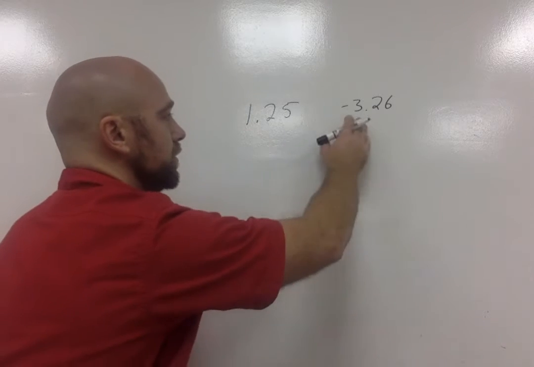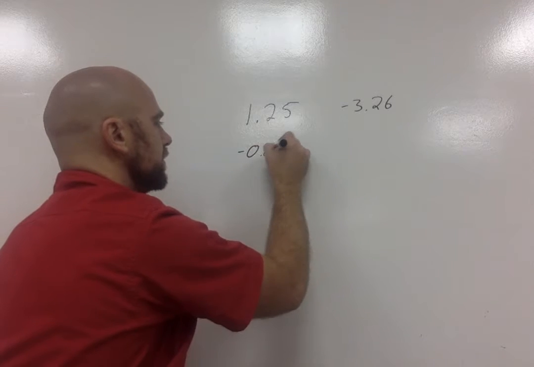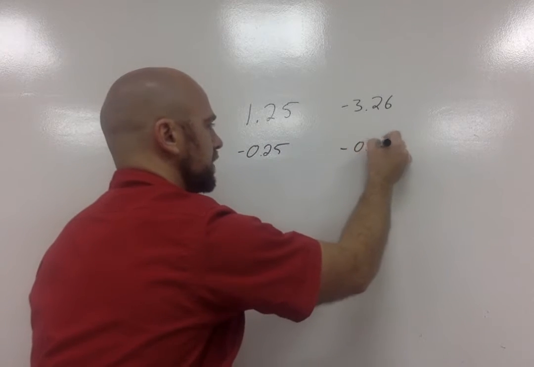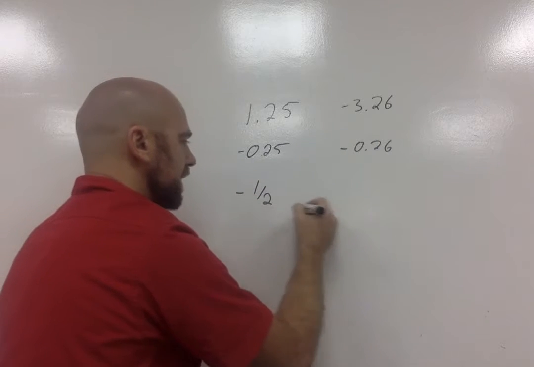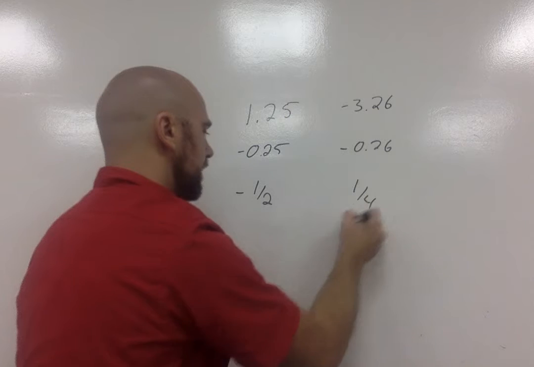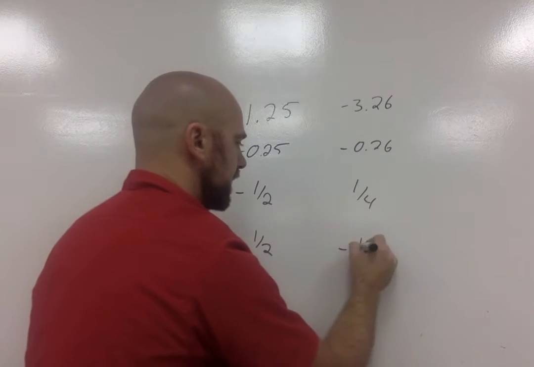So here we have 1.25 and negative 3.26, negative 0.25 and negative 0.26. Let's go to negative 1/2 and 1/4.